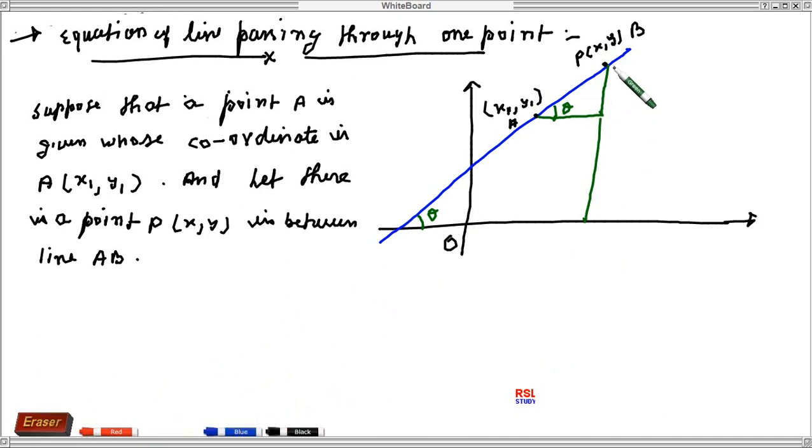If we move x units on the x-axis and then y units on the y-axis, we will reach the point P, x comma y.